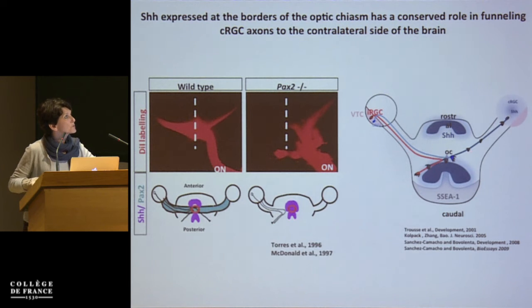And what we proposed was that sonic hedgehog expressed at the border of the optic recess was acting as a negative cue that could funnel, without allowing dispersion, retinal ganglion cell axon to the contralateral side of the brain, so that sonic expression at the border forms kind of a corridor in which contralateral projecting axon could grow.